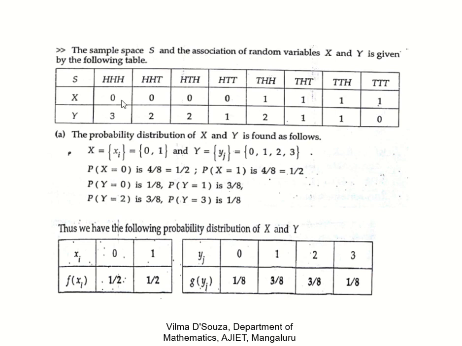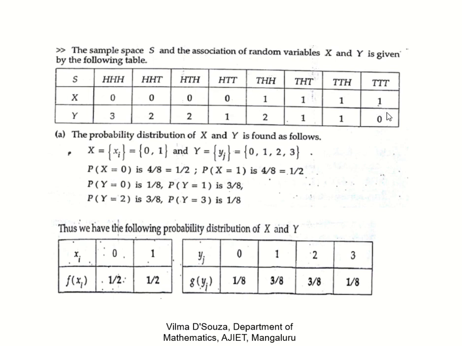Now what is X? If the first one is head, X is 0. So in the first 4 cases, X is 0. If the first one is tail, X is 1. And Y is the number of heads. So here 3, 2, 2, 1. Here 2, 1, 1, 0. That is how X and Y are defined and the values X and Y can take.